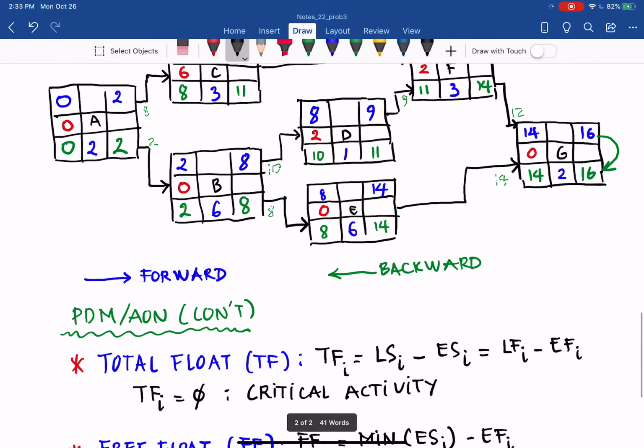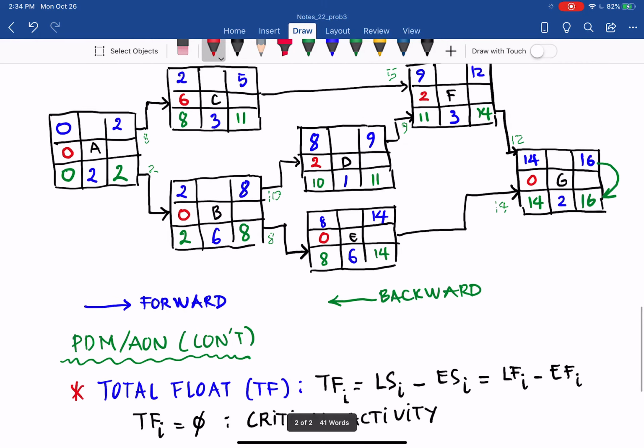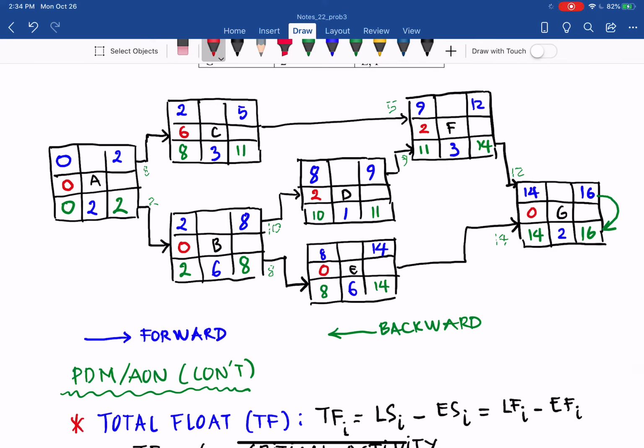So here, when there is no lead or lag, we can do that in the next lesson. When there is no lead or lag, it is the minimum of the early start of the successor minus the early finish of the activity you want to find the free float for. So let's see here.